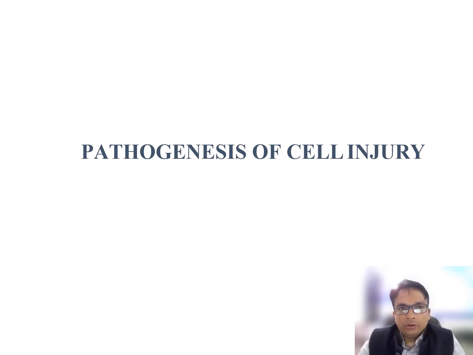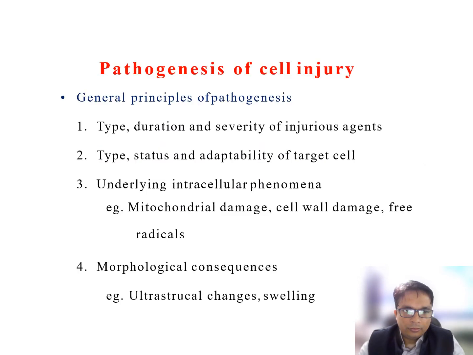Today we are going to see the topic pathogenesis of cell injury. If you look at the different principles involved in it, the first and foremost principle is the type, duration and severity of the injurious agent.